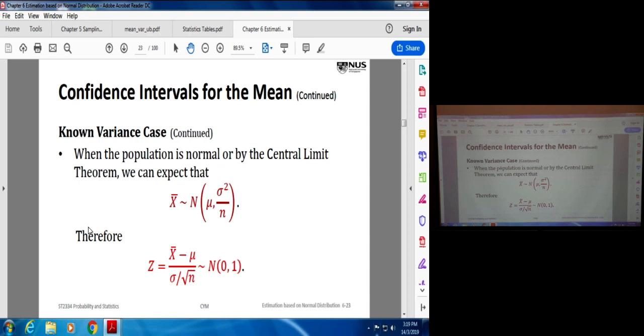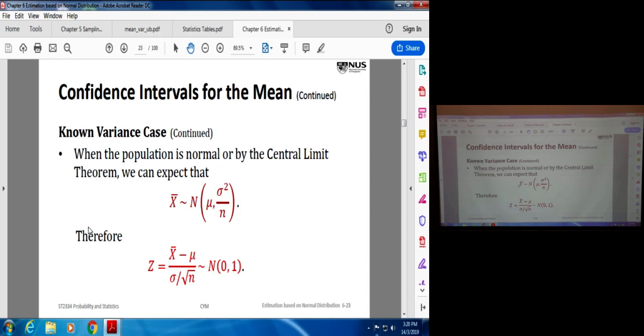We saw a week or two ago that the mean of a random sample is either exactly or approximately Gaussian distributed with mean mu and variance sigma squared over n. You can go back to your lecture notes and watch the video.